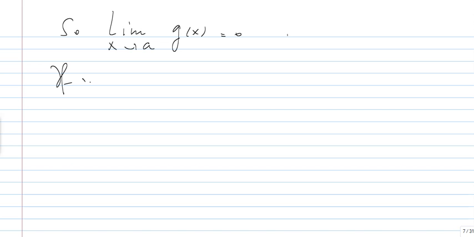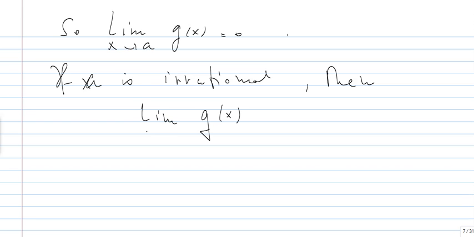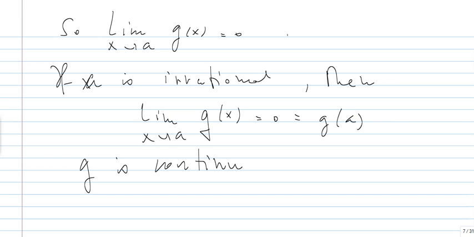If a is irrational, then the limit of g(x) when x goes to a is equal to 0, which equals g(a), which means that g is continuous at a.